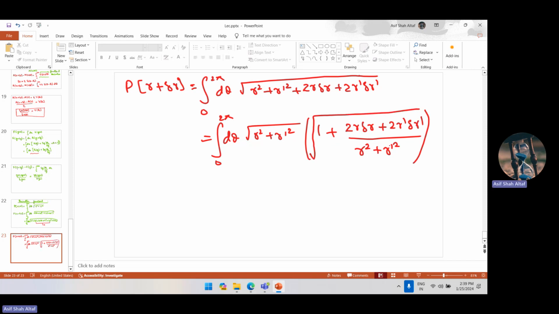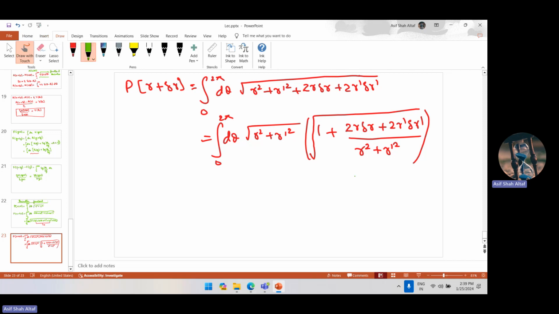Fine. Now you can apply the binomial theorem because this term here is very small, much smaller than one. When you apply the binomial theorem, what you will get is one plus, and we will just keep only the first two terms, the constant and linear terms.